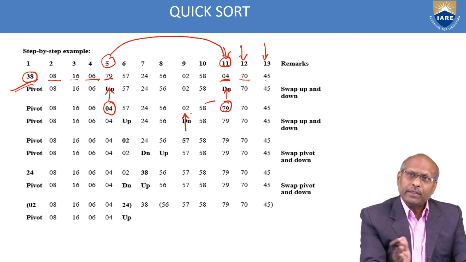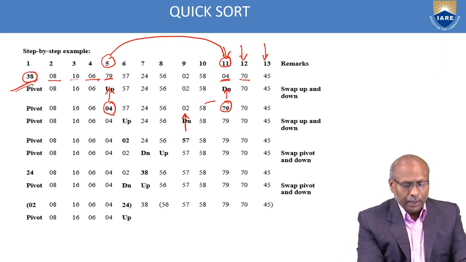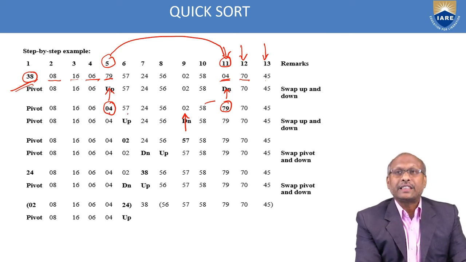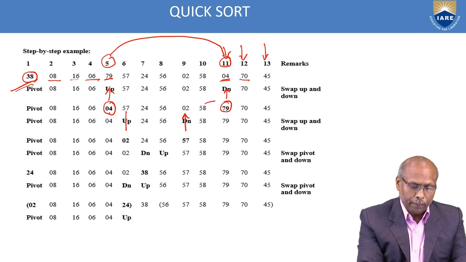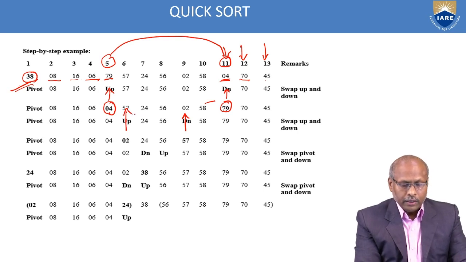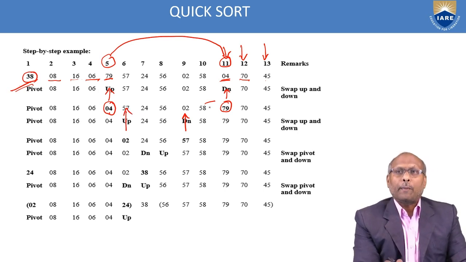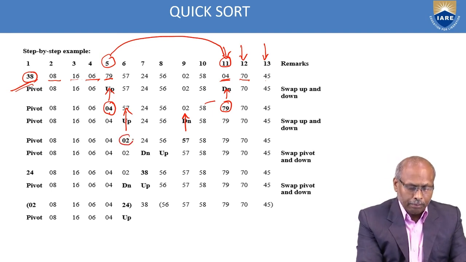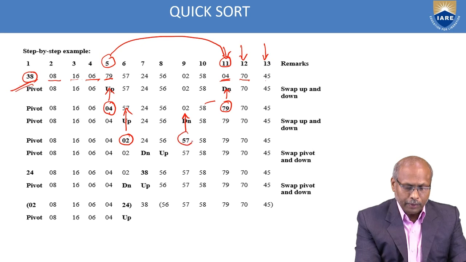That means from the right side you have gone. Then come to the left side. When you come to the left side, you have to check whether the data is less or not. 4 is less than the pivot. But 57 is not less. So stop it. So up has stopped here. So now 57 and 2 will be swapped. After swapping, 2 has come to this place and 57 has come to this place.